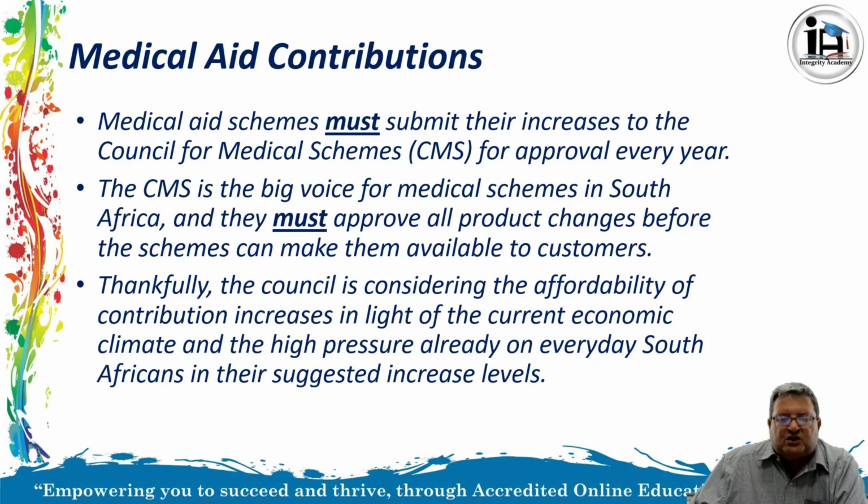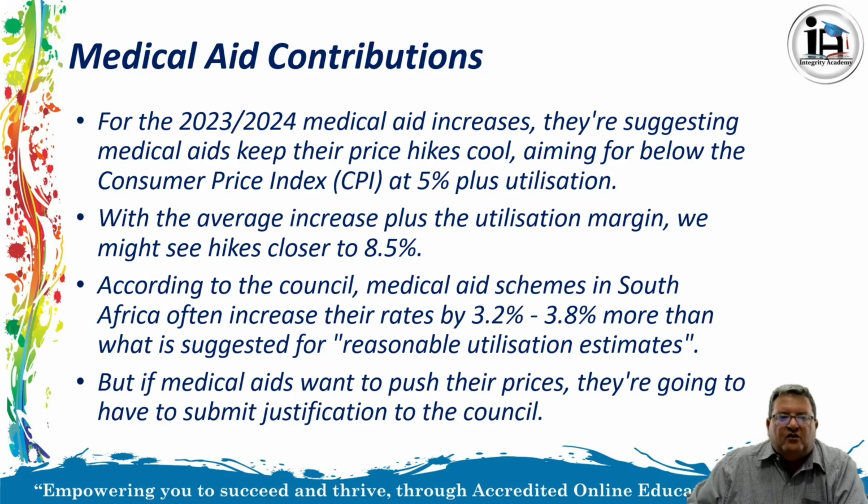Thankfully, the Council is considering the affordability of contribution increases in light of the current economic climate and the high pressure already on everyday South Africans in their suggested increase levels. For the 2023-2024 medical aid increases, they're suggesting medical aids keep their price hikes cool, aiming for below the consumer price index, the CPI, at 5% plus utilization.